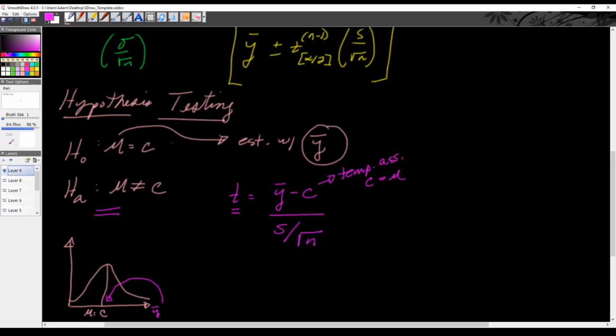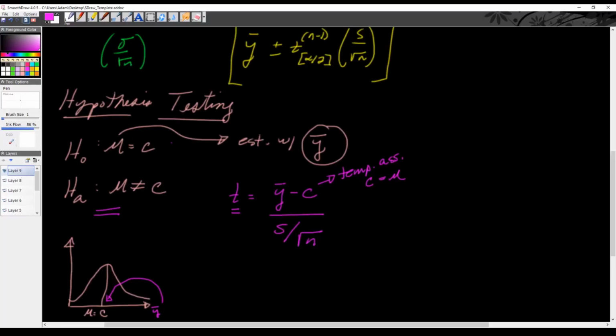Also, if the population is normally distributed, then we know that the sampling distribution of the mean is normally distributed. And once we know the sampling distribution of the mean, we can make those probability statements about sampled values versus hypothesized values. So again, if the sampled value is close to the hypothesized value, in other words, if we get a small t, then we're not going to reject the null hypothesis.